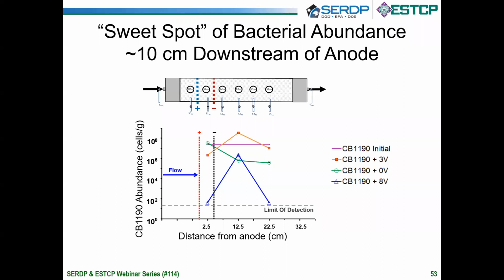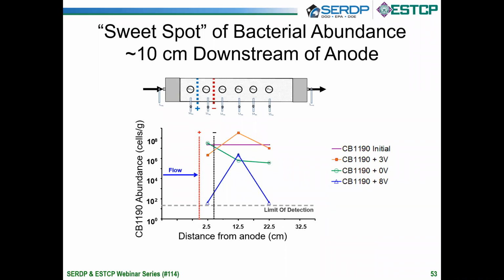So what you see here in the top is a schematic of our first generation reactor. These were lab scale, 4-inch inner diameter clear PVC columns that were equipped with several sampling ports for liquids and for solids. And in the beginning, we really only had one electrode pair in there, a mesh electrode pair, so that the water could flow through the column and test what happens when we inoculate these columns with CD1190.